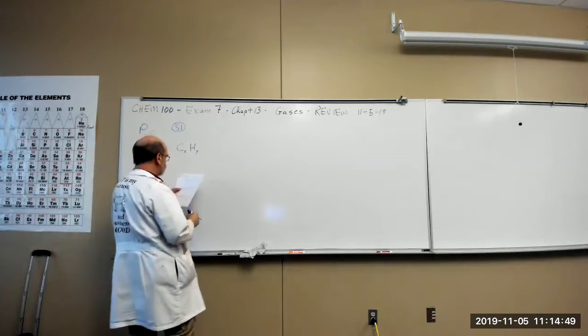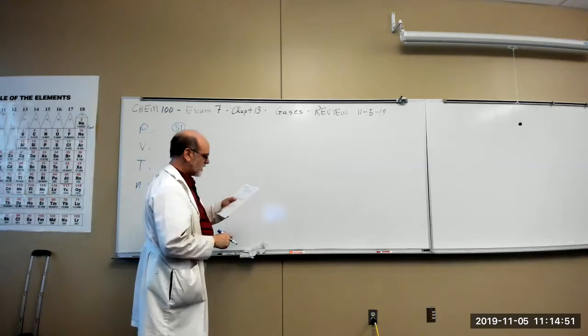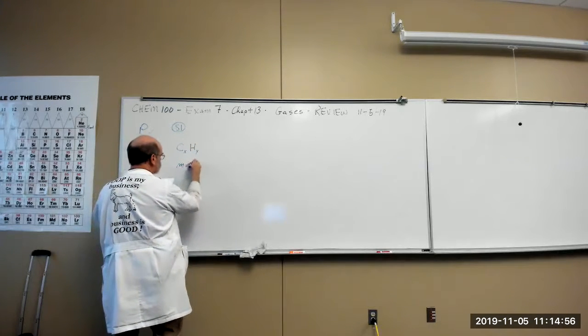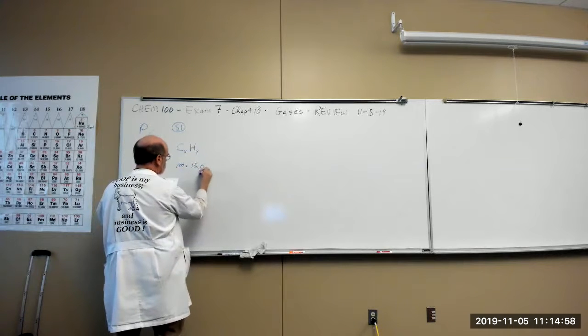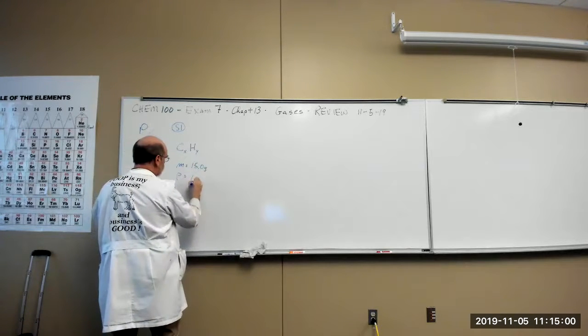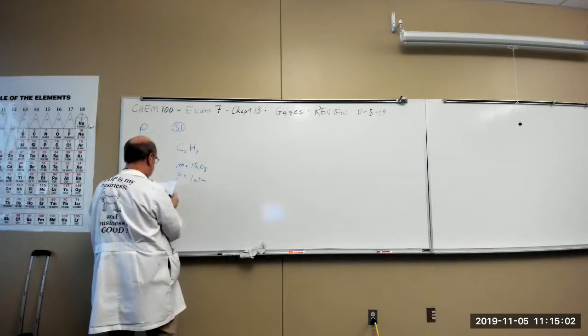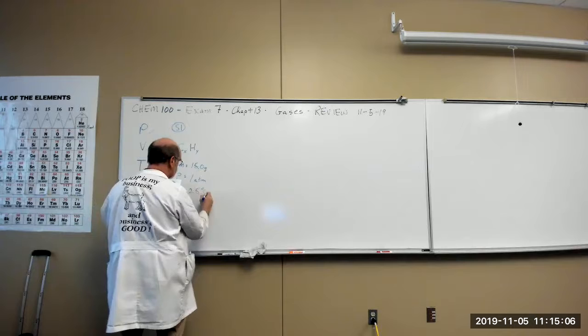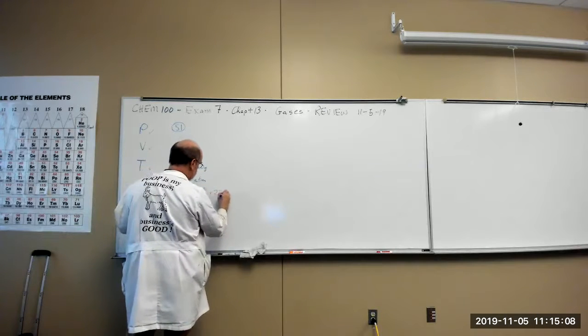Well, we're told that a 15-gram sample is placed in a balloon at 1 atmosphere. So the mass is 15 grams. Pressure is 1 atmosphere. Temperature is 25 degrees C. Might as well change it already.